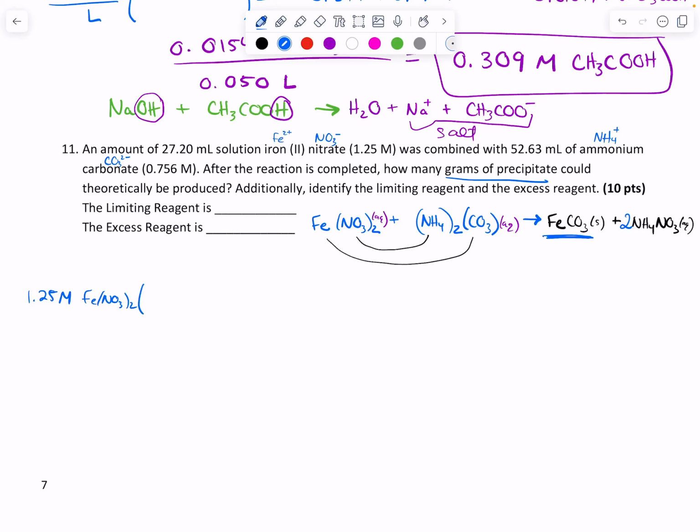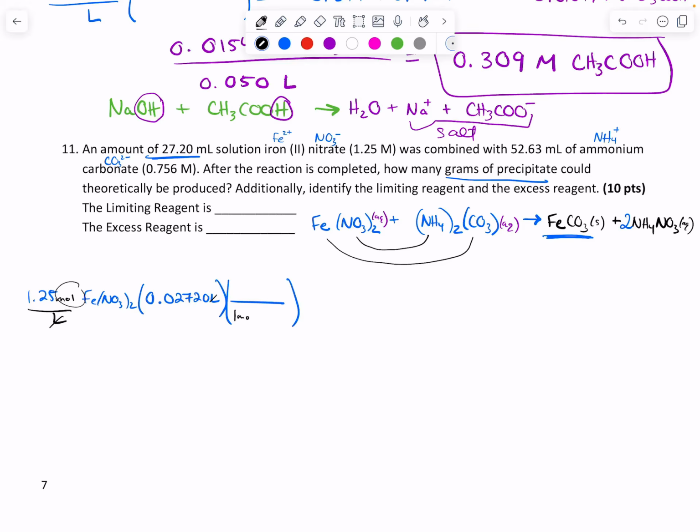I'm going to multiply that by my volume in order to figure out how many moles I have. And that would give me moles of, because remember, molarity can be written as moles per liter. So I'll write it like that so you can see it. So my liters are going to cancel. I'm left with moles.